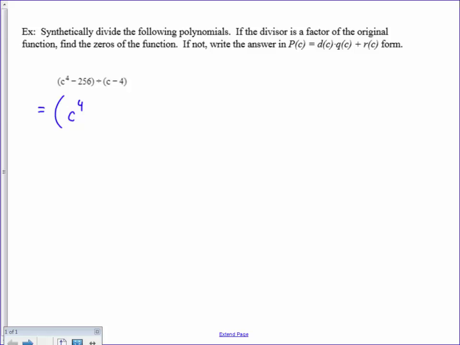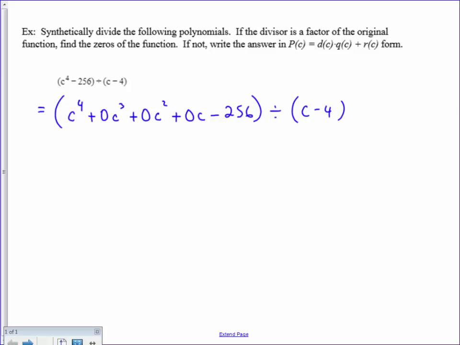So I'll have c to the fourth plus 0c to the third plus 0c to the second plus 0c, and then finally minus 256. And then divide by c minus 4.